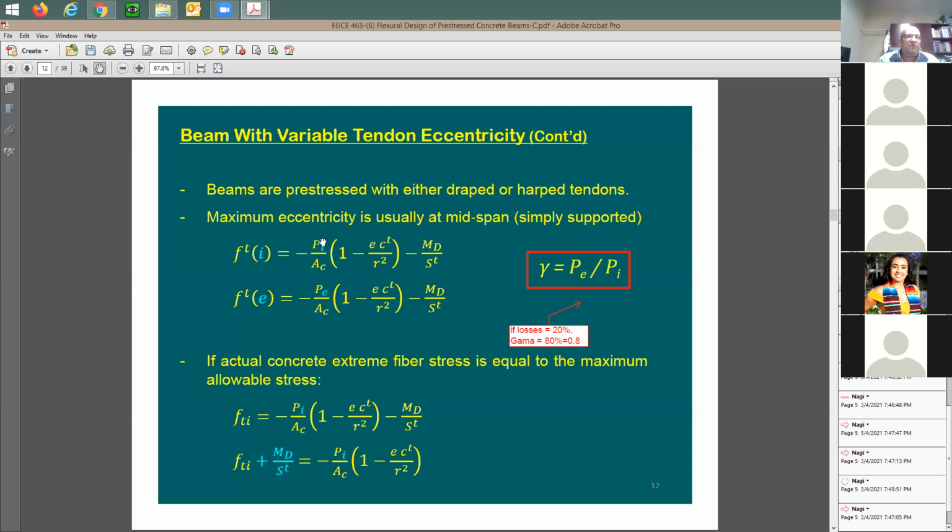Now the stress is going to drop from Pi to Pe. So I guess I can take this Pi, replace it with Pe. Pi is going to be equal to what? Pe divided by gamma. Or I can take Pe out. I'm going to say here Pe is going to be equal to gamma times Pi. Correct? It's going to be the reduced value of it.